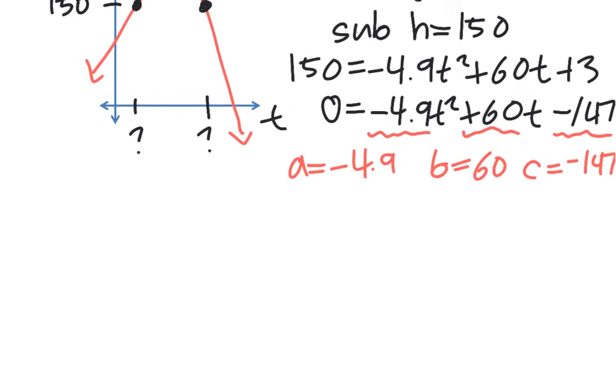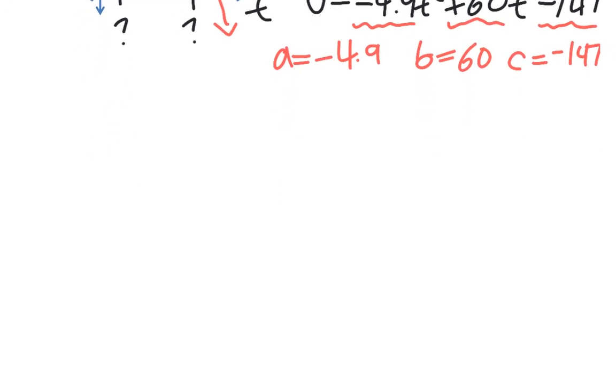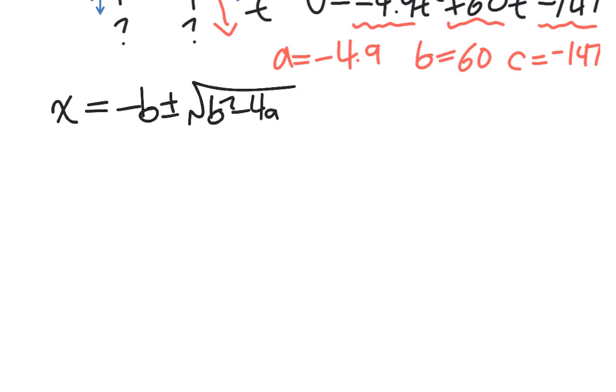At this point, we want to rewrite our quadratic equation, which is x is equal to negative b plus or minus the square root of b squared minus 4ac over 2a. What you're going to do is take your values of a, b, and c and sub these into the equation. After, you're going to simplify using BEDMAS. You are going to get two values of t if you've done this properly. I'm going to skip all of those steps since you've already seen how to use the quadratic formula.